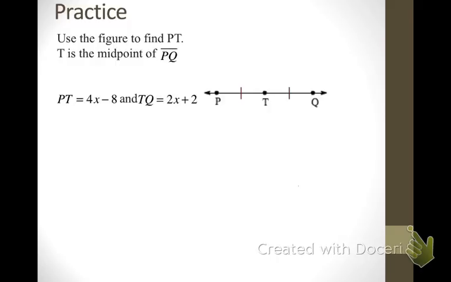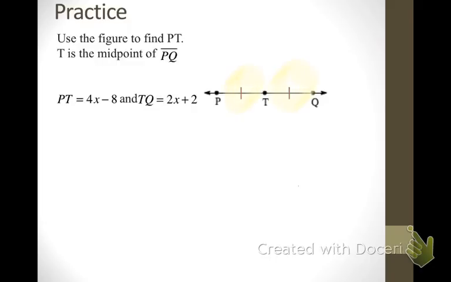All right, our last example. I have a line segment here, PQ, with T, which is the midpoint. So T is between P and Q in a very particular way. It exactly cuts PQ into two congruent segments. And I know that by looking at these two hash marks.